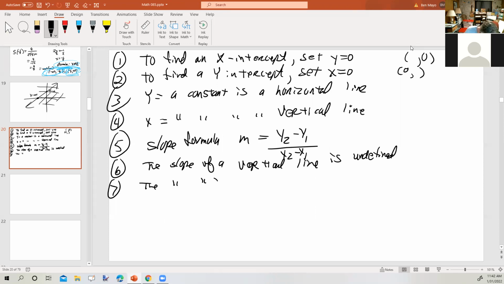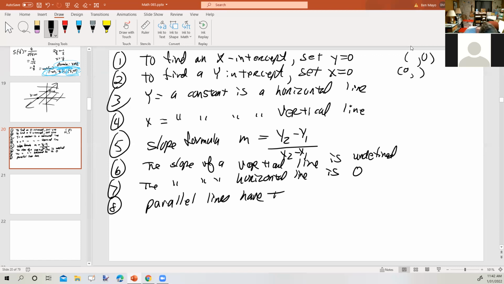The slope of a horizontal line is 0 because there's no rise as you run. We also have that parallel lines have the same slope. So if lines are parallel, they have the same slope. Likewise, if lines have the same slope, they're parallel.